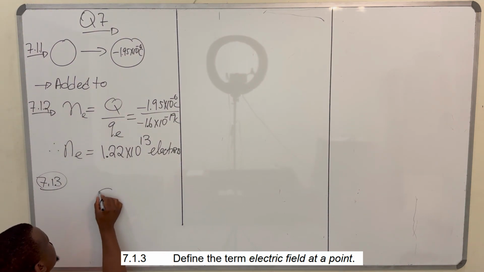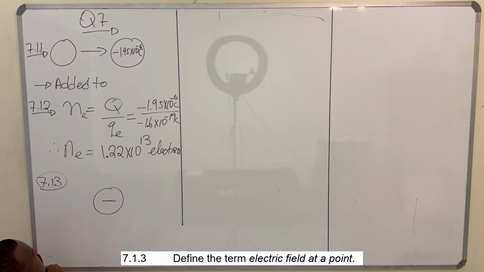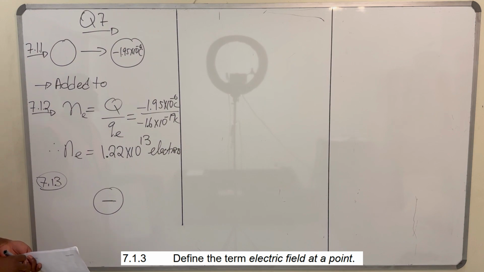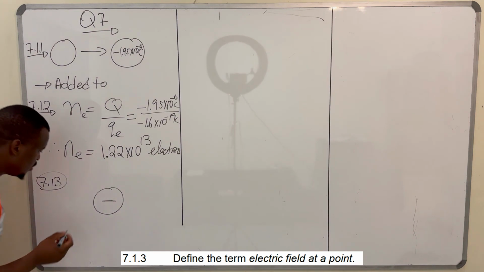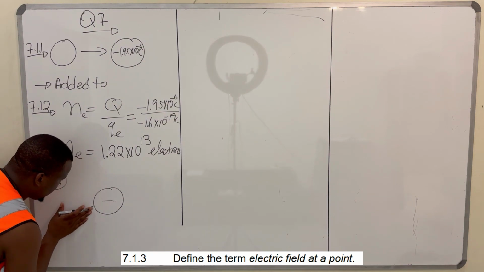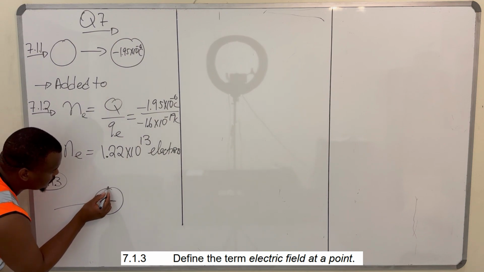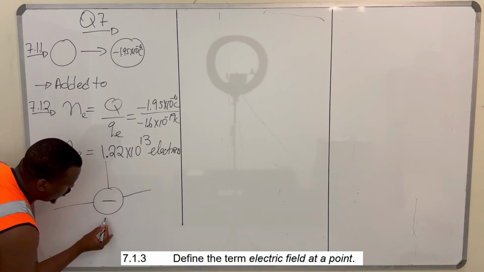You have a sphere here. It's negatively charged, right? A charged object can be positive or negative, right? It generates a field around itself. So you will have a field around this object, around the sphere of yours, in all directions, right?